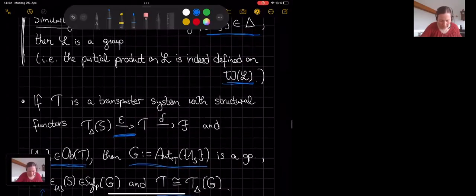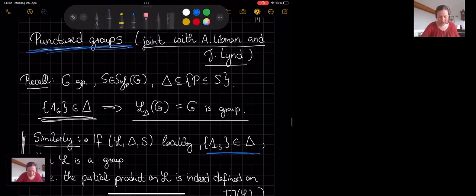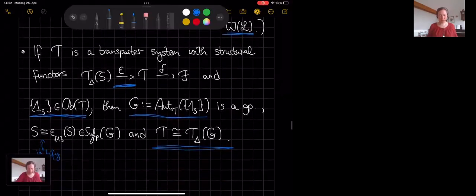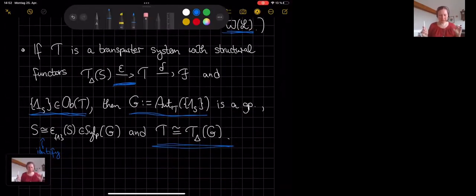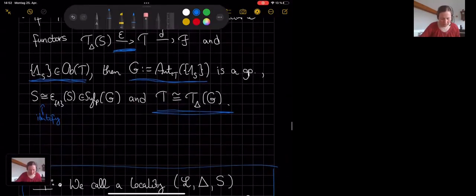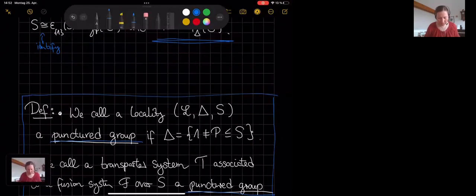Okay, so what we look at now, if we consider punctured groups, is the situation that the identity subgroup is not an object, but we come as close to it as we can by saying that we take all other subgroups to be objects.